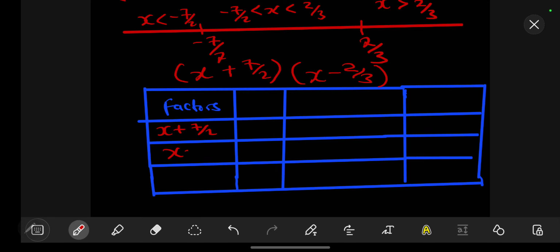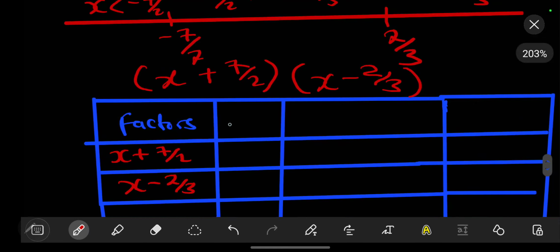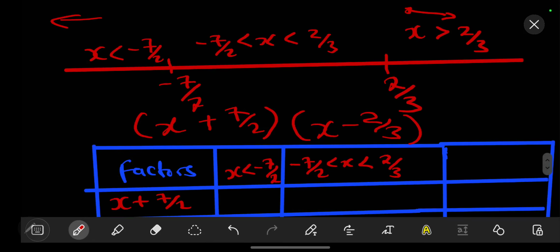Then we also have our x minus 2 over 3. Then here we are going to use the smallest interval, which is our x should be less than the smallest interval, which is our negative 7 over 2. Then here we are going to have an interval, negative 7 over 2 less than x less than 2 over 3, which we are just lifting from here.